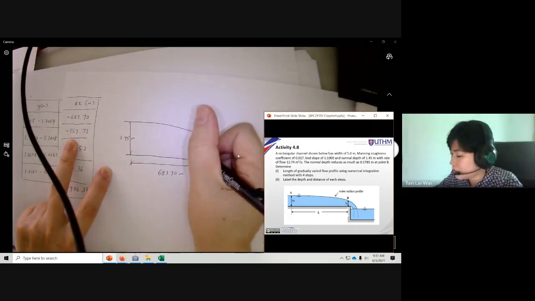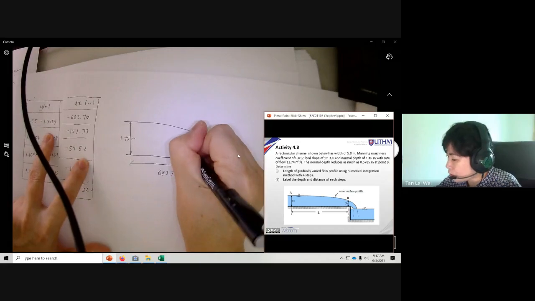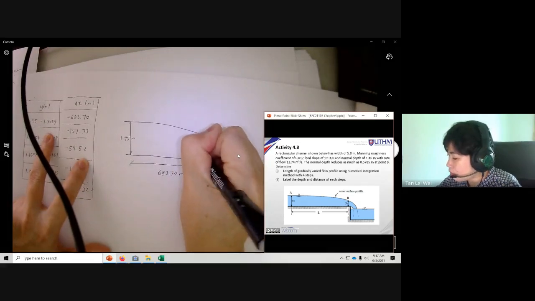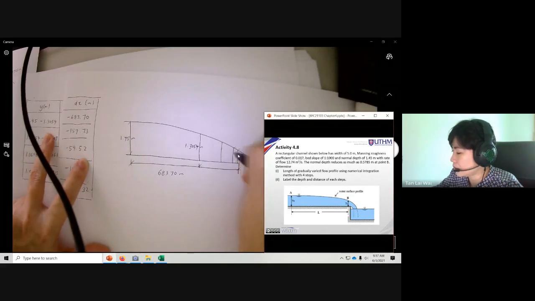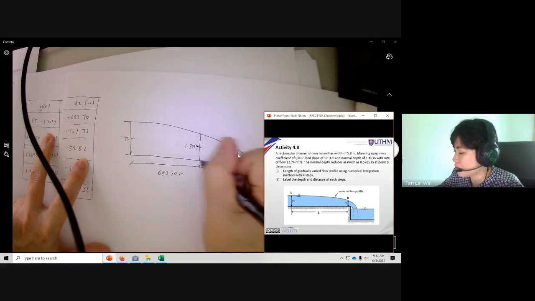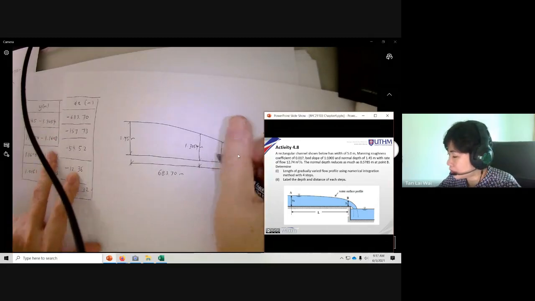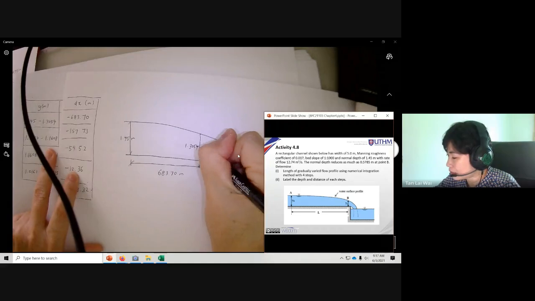This is 1.3054 meter. Now it's just a sketch, don't worry about it, it's not to scale.